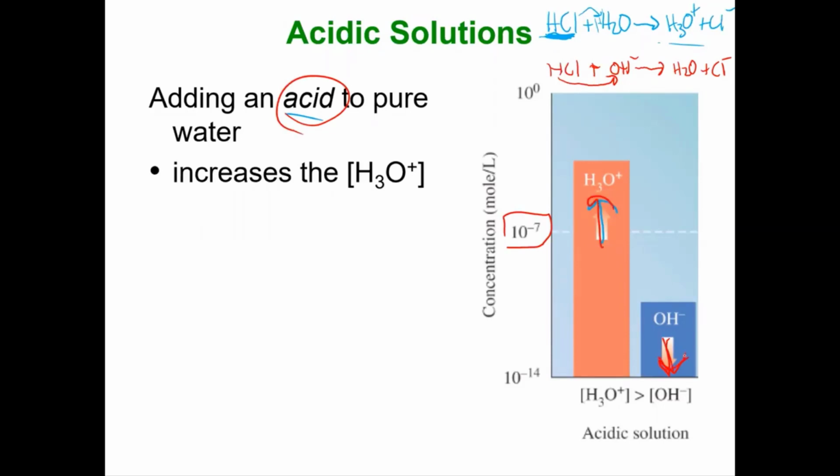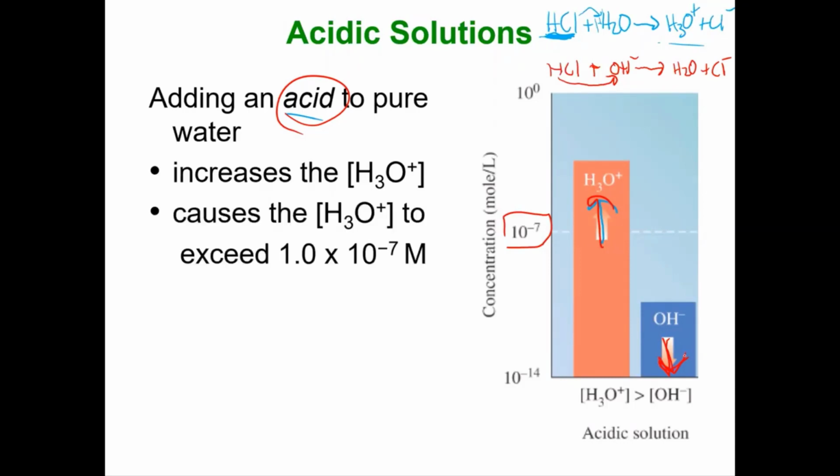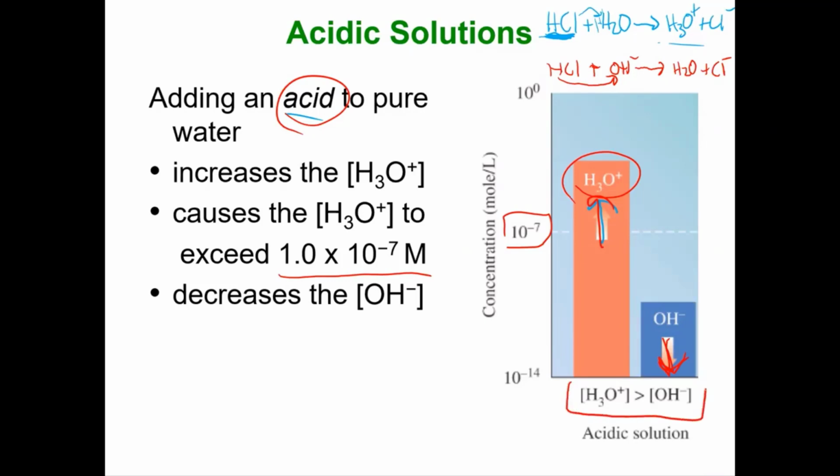And what does that mean? They are inversely related. Now, I see that I'm getting more than 1 out of 10 million moles per liter. That must mean if I have more hydronium, it's acidic. And at the same time, the hydroxide, because it's acidic, decreases. So what do I notice here?